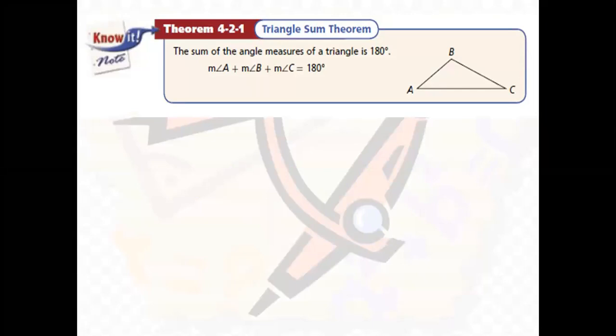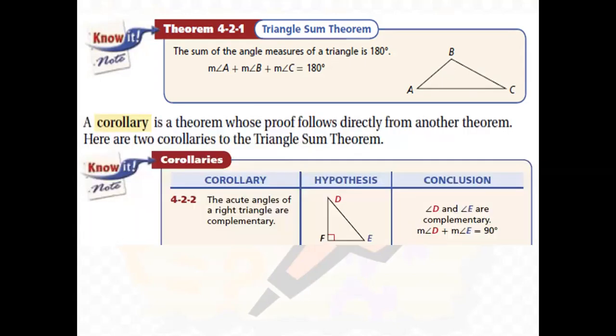This is just a quick review of what we learned yesterday about the triangle sum theorem. The triangle sum theorem says that the three angles in a triangle add up to 180 degrees. From that are derived two corollaries. The acute angles of a right triangle are complementary.